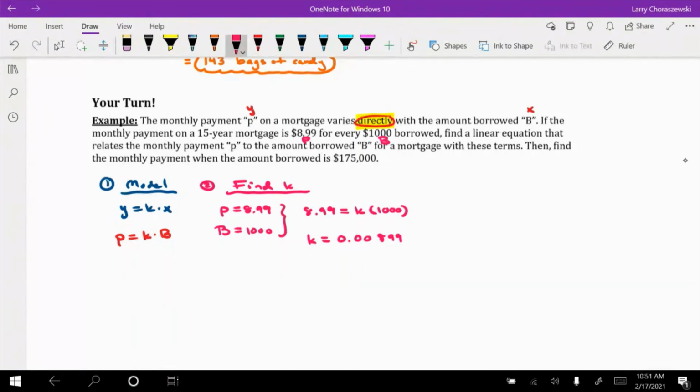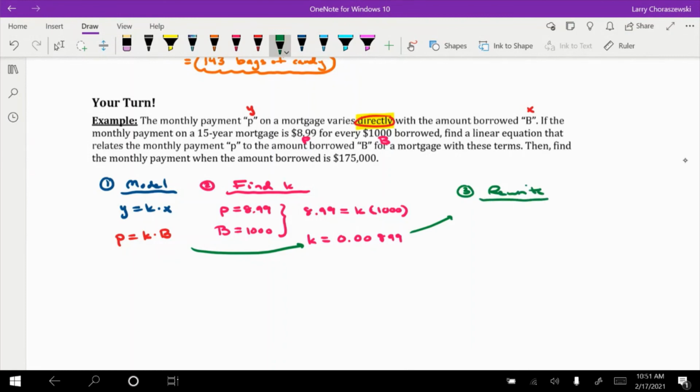So this value of K, does anybody need help arriving at this value of K? Y'all good? Okay. Well, let me know if not, and I'll be happy to go back to it.